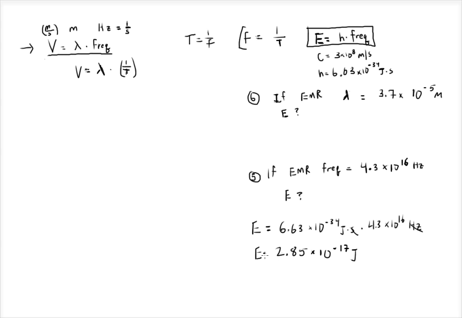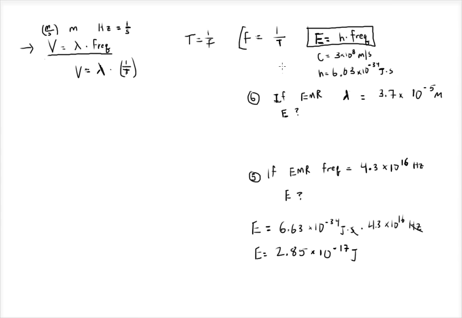That easy. And I know it's kind of weird to think about how much energy a certain frequency of light has, but again, there's two ways to think about light. One is as a wave and one is as a particle. When it's a particle, it's called a photon. So this would be the energy that a single photon would have. And that's quantum mechanics, and you're not going to have to worry about that too much right now.